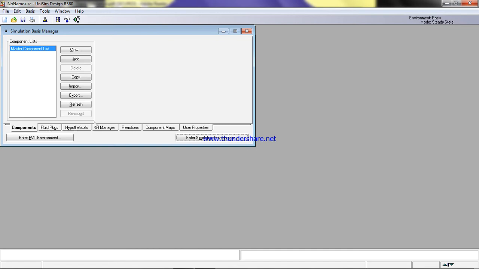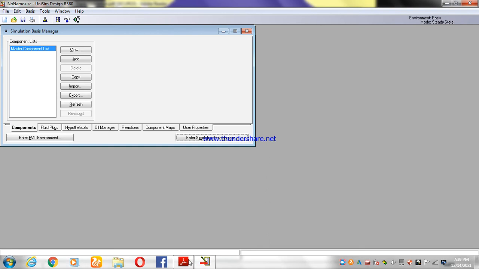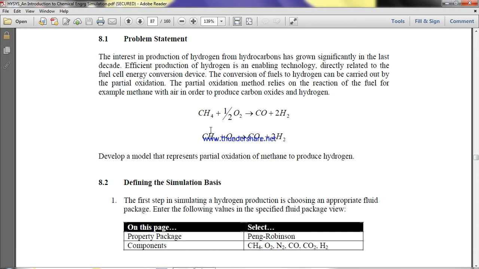In this problem we're going to make use of the components, fluid package, and then reactions. But when we are solving oil and gas problems, we will need oil manager and also hypotheticals to create components that are not in the standard library. Okay, so the components, let's go to our problem and see the components that we will need.